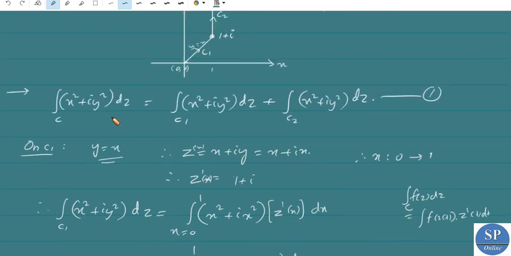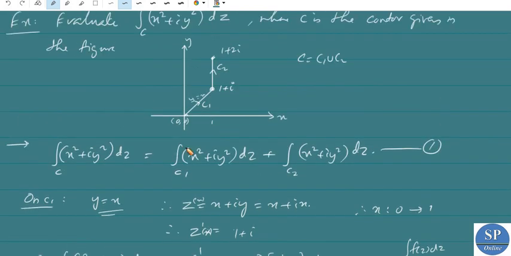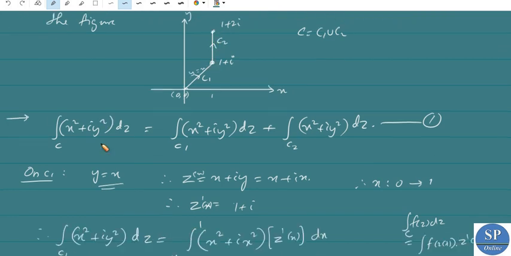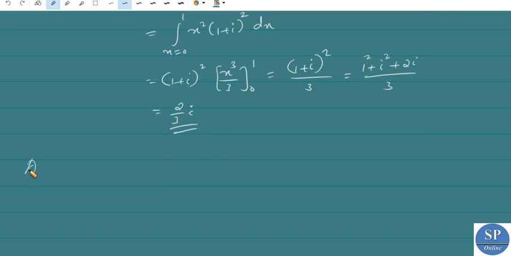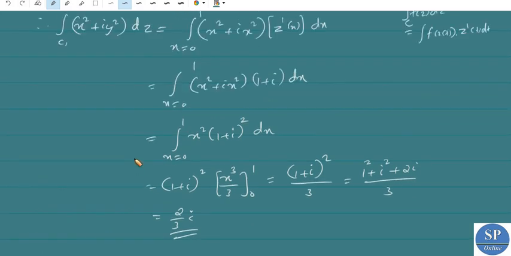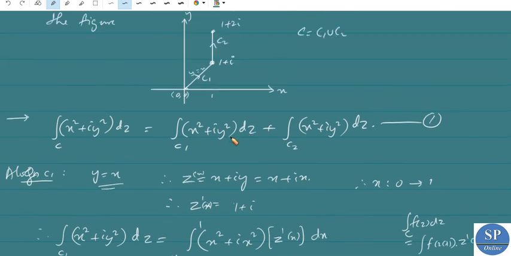Okay, in a similar way we can find the integral of this function along c2. So this is along c1. Now along c2, the curve is nothing but x equal to 1, and y varies from 1 to 2.